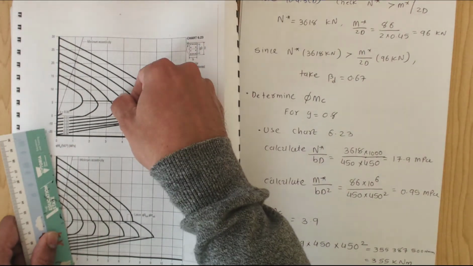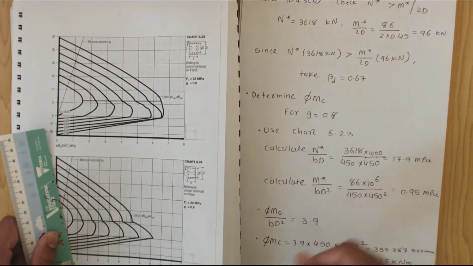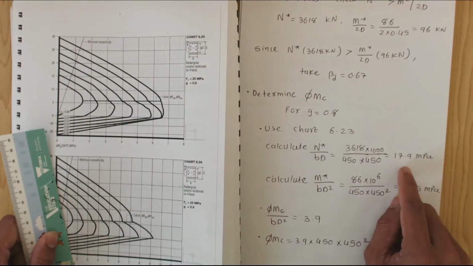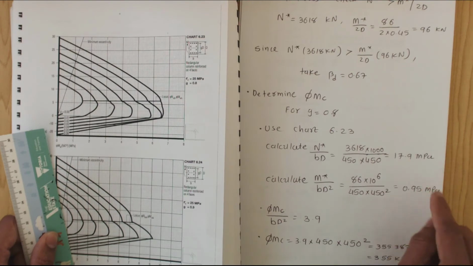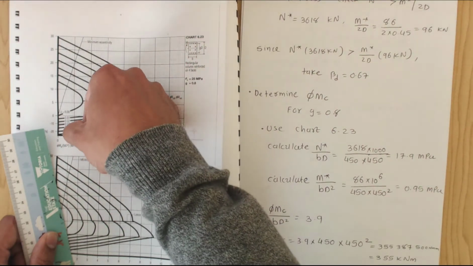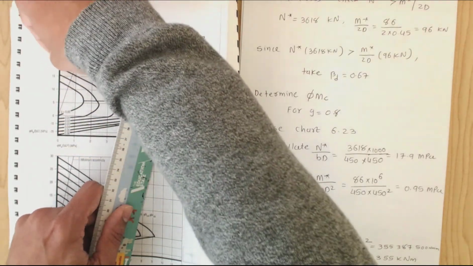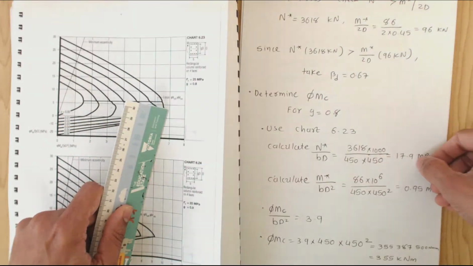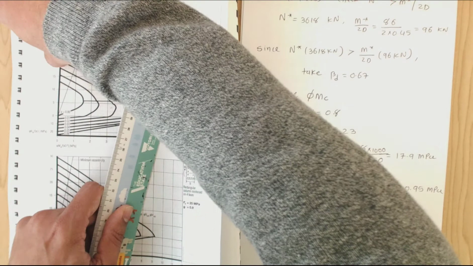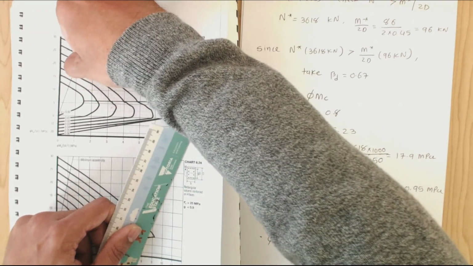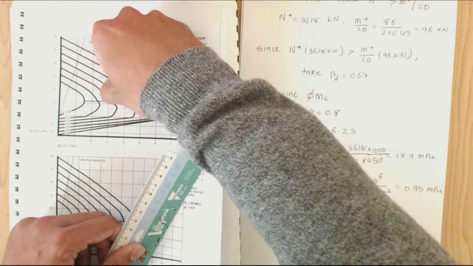That value you're going to get here, 3.9. So I hope you understand. I can repeat: 0.95 is almost 1, so there is a 1 here. You draw the line from here, that is the moment. The load is 17, around 18, so around 18 you draw a line here, intersecting at this particular point, and from that point you come across here.